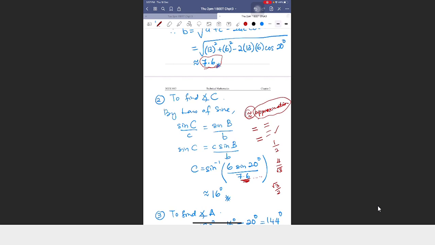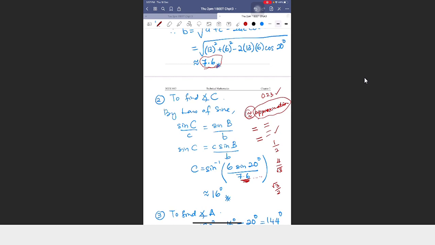But if your calculator value is 0.23 and stops, that is also considered exact, because you don't have decimals after that.